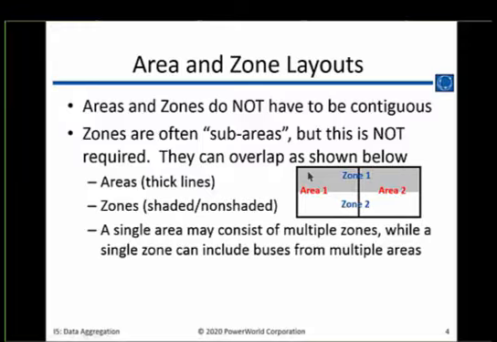The buses and the generators and the load that belong to these different zones all belong to the same area, but it doesn't have to be that way. You can have a situation like this where you have two different areas and two different zones, and they kind of mix and match.